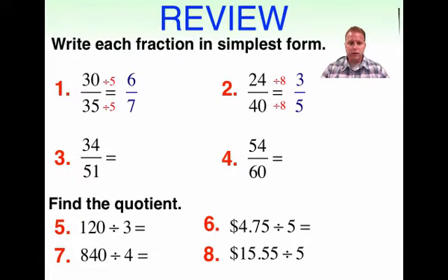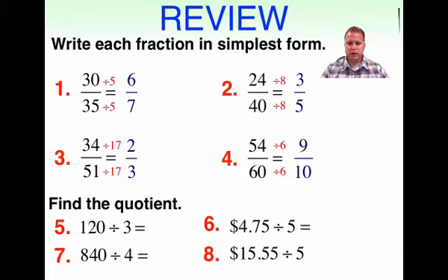For number 3, I bet you didn't see this one, but you can actually simplify this by dividing by 17, which most people don't see, and that simplifies to 2/3. Number 4, divide the top and the bottom by 6, and you get 9/10.